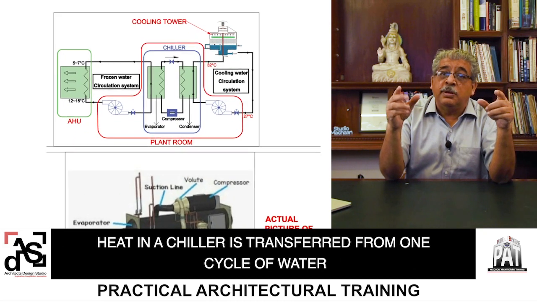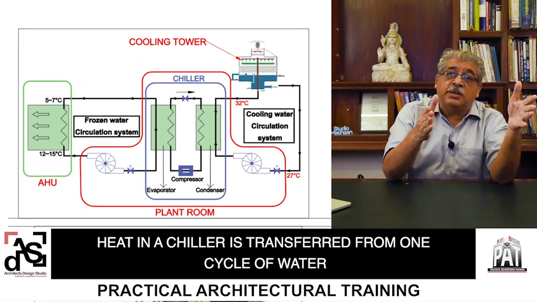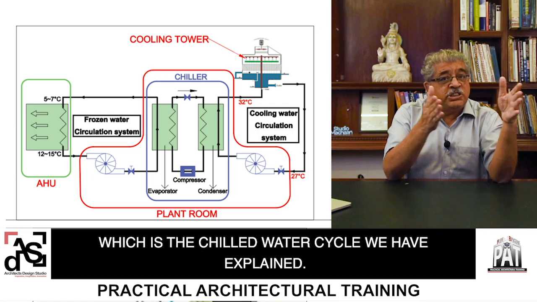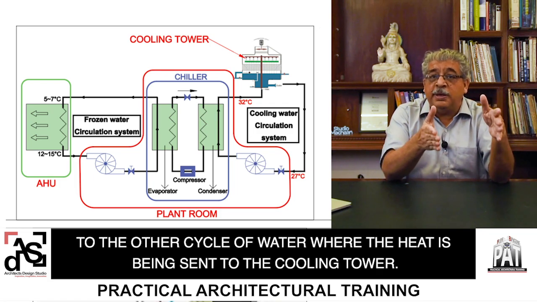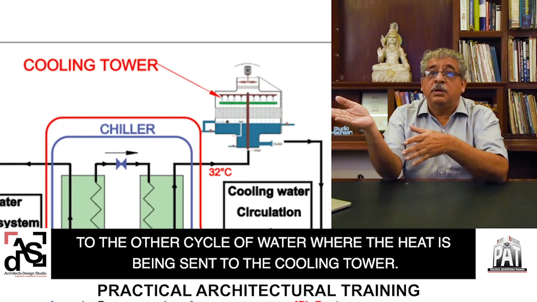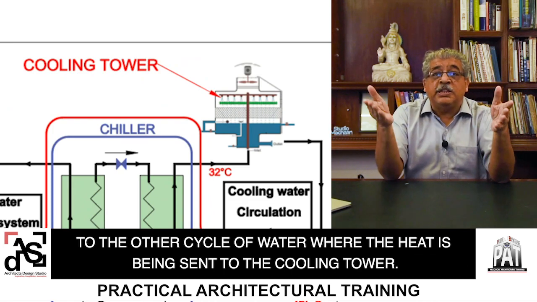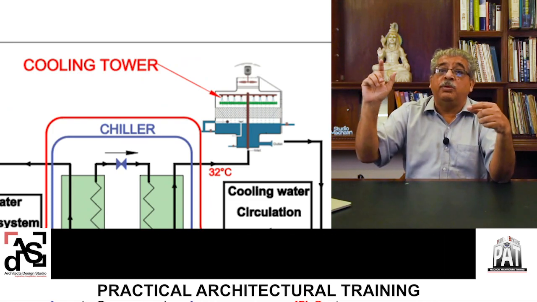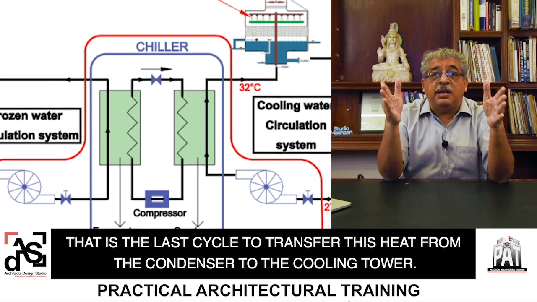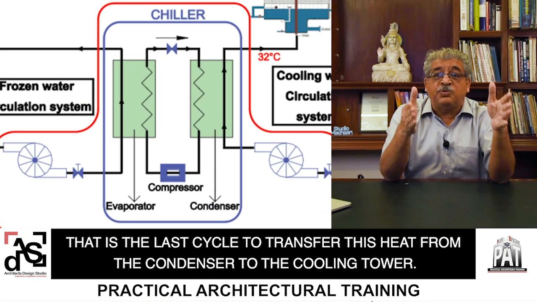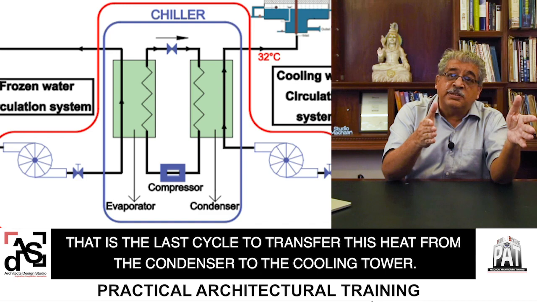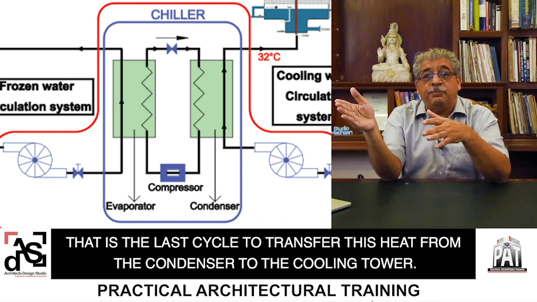Heat in a chiller is transferred from one cycle of water, which is the chilled water cycle we have explained, to the other cycle of water where the heat is being sent to the cooling tower. That is the last cycle to transfer this heat from the condenser to the cooling tower.